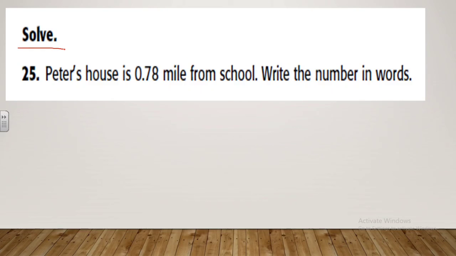Okay, now let's solve this question together. Peter's house is 0.78 miles from school. Write the number in words. So he wants you to write this number in words. We can write this number in two ways. Okay, I will write the two ways for you, and you can choose whatever you like. The first one, let's write the number in order. First we have 0, so we will write 0. Then we have point, so we will write point.